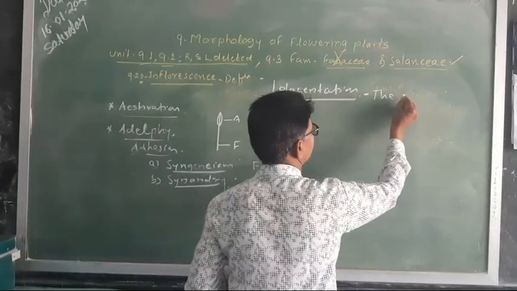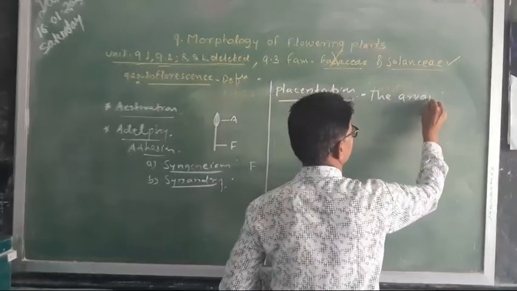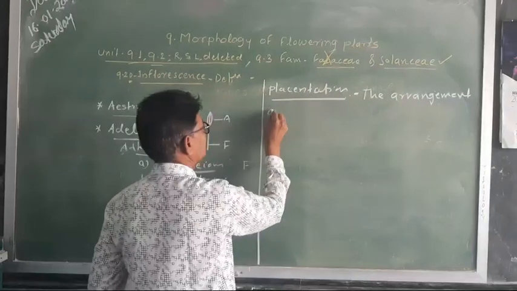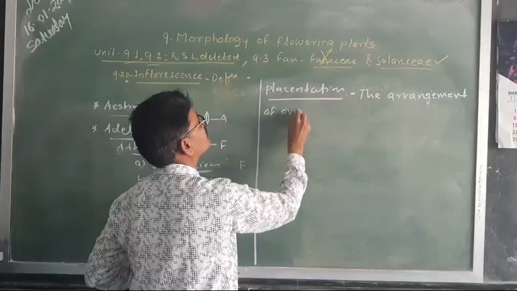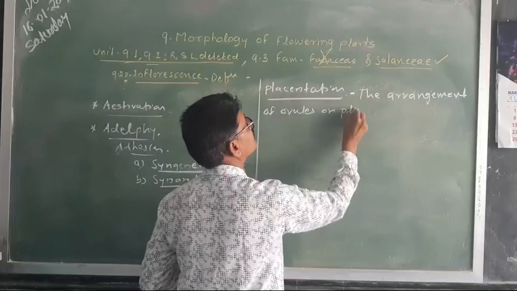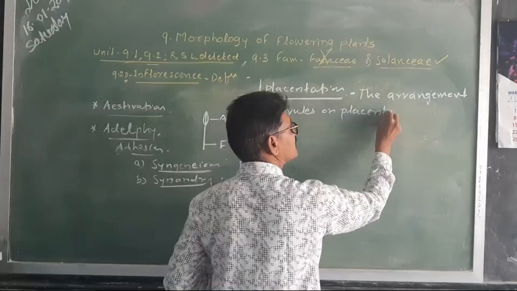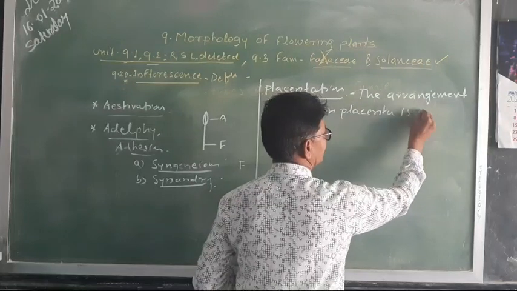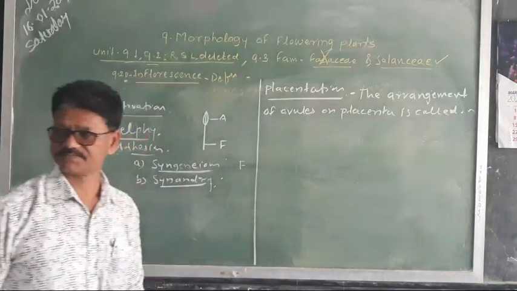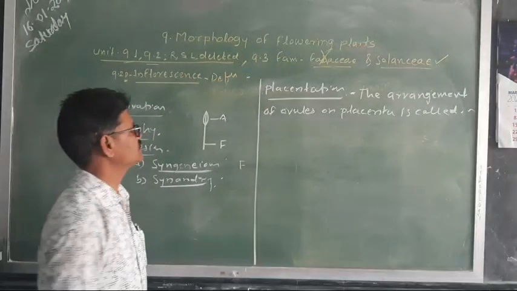The arrangement of ovules on the placenta is called placentation. There are 5 types of placentation.